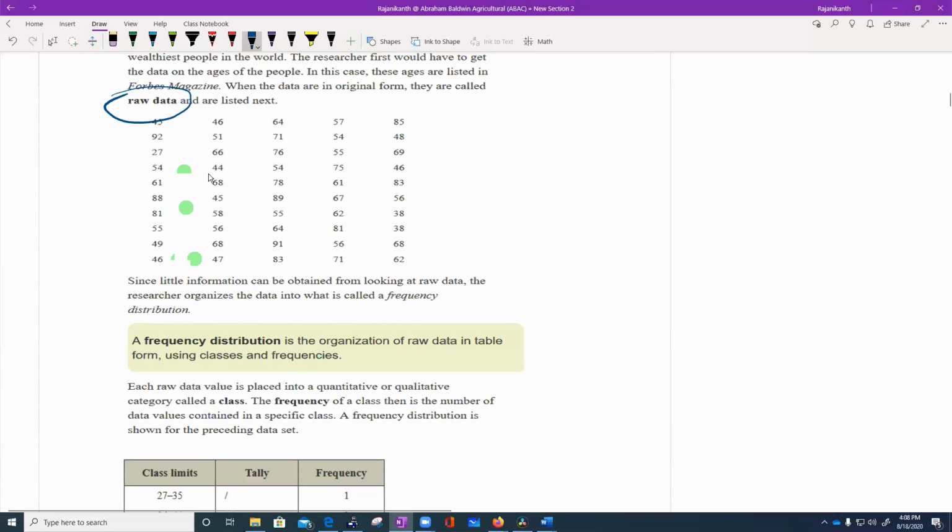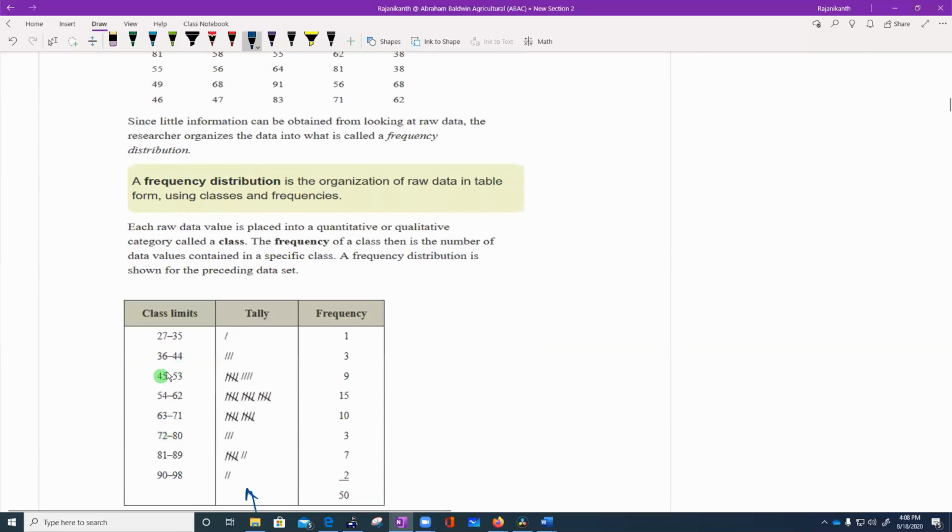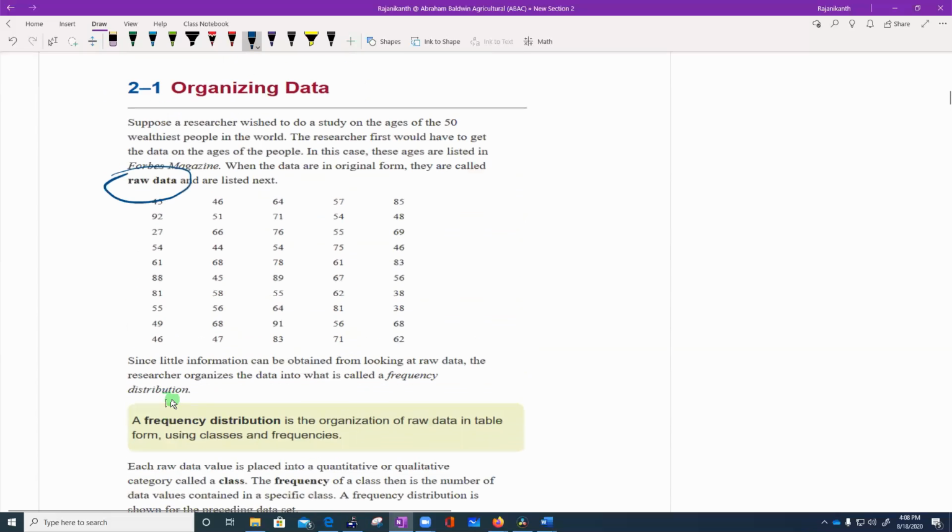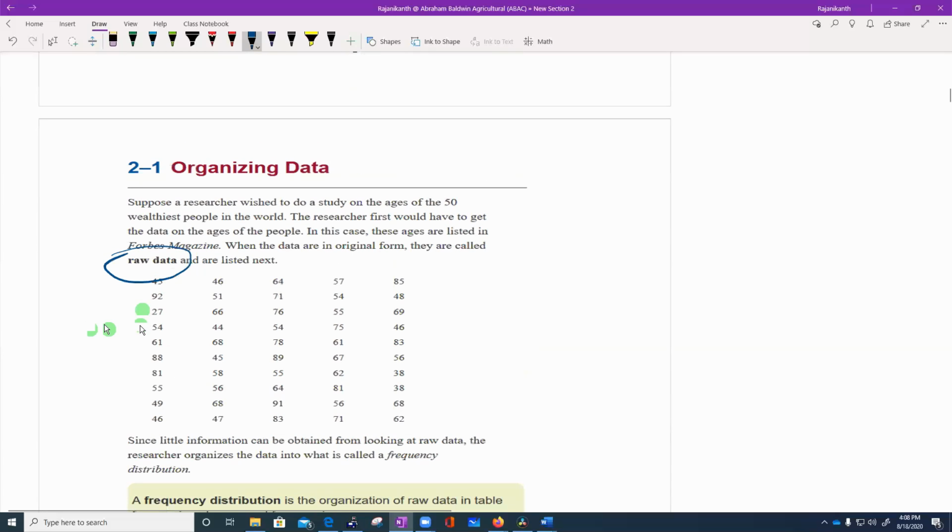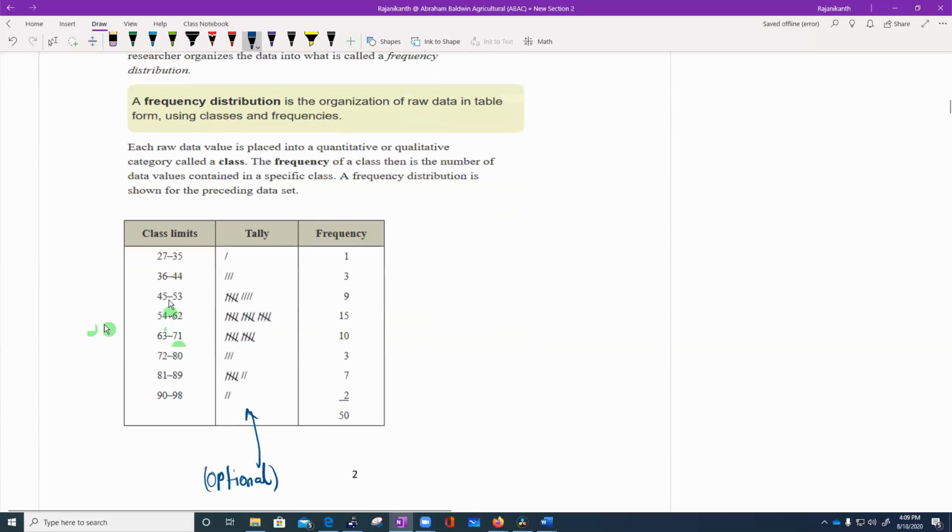The easiest way is to go through the data values one by one, rather than starting from the class limits. I prefer to go in this way. I will take the first data value, right? The first data value is 45. So look at the 45 range: 45 will be somewhere here, 45 to 53. Once you have one value, you simply mark one line, and then you cross that value off.